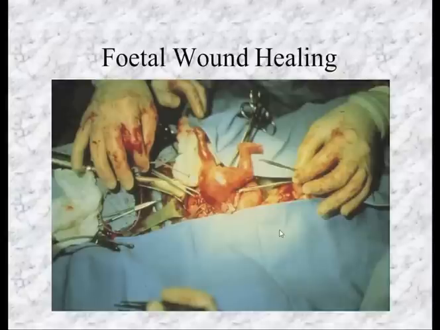One thing to mention about fetal wound healing, which is of particular interest in this context, is that fetal wounds were observed to heal without scarring, but we were able to establish that collagen deposition did occur in the fetal wound.